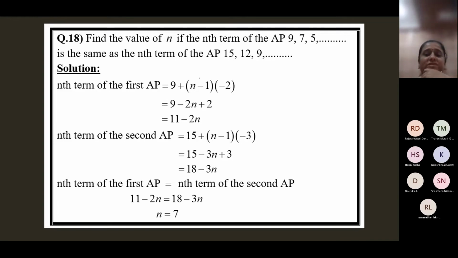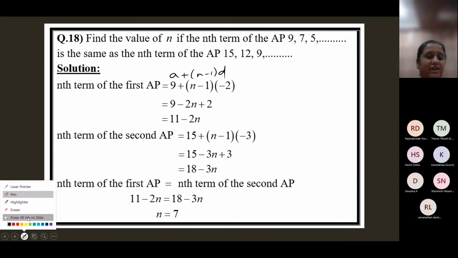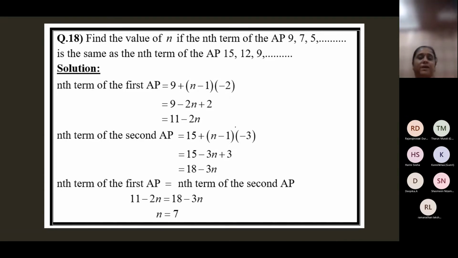The nth term of the first AP will be a plus n minus 1 into d. The nth term of the second AP also will be a plus n minus 1 into d, but a and d are different. It's given that they are the same: the nth term of this AP is the same as the nth term of this AP.